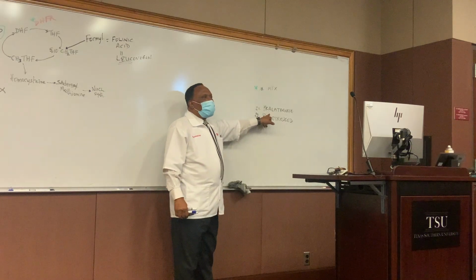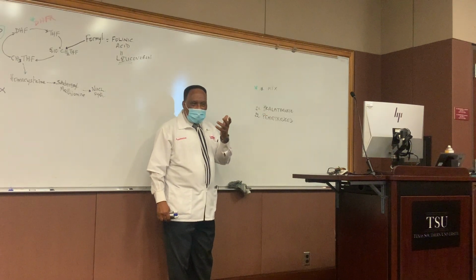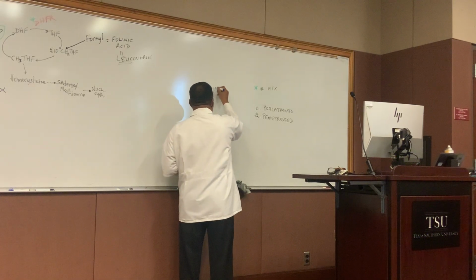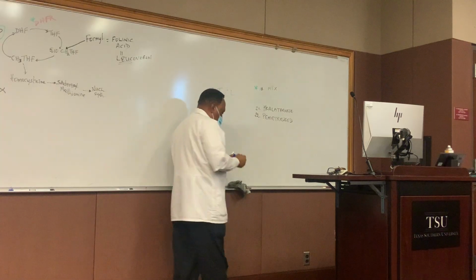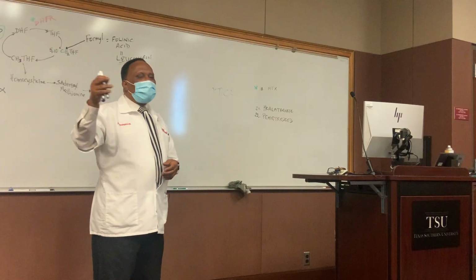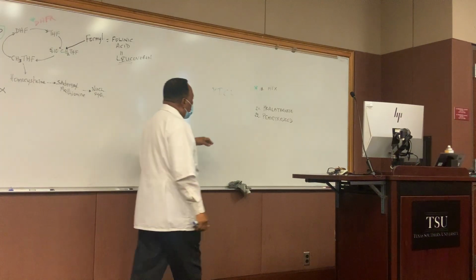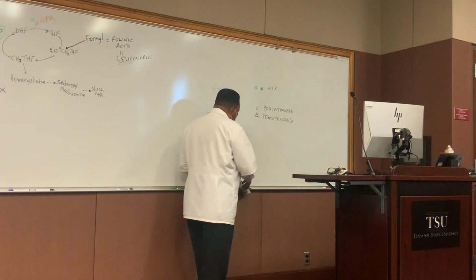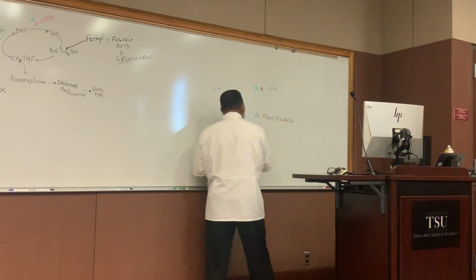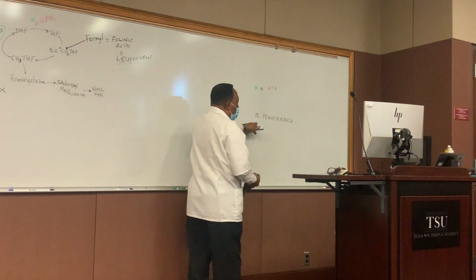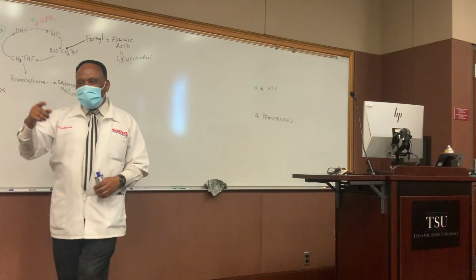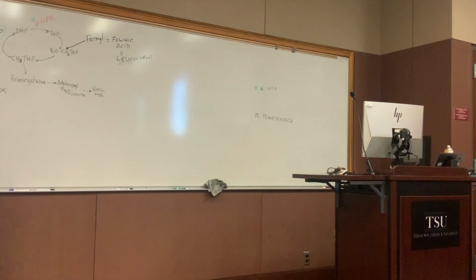Okay. Pralatrexate is only used for PTCL, peripheral T-cell lymphoma. So that's all that is used for pralatrexate. Okay. And pemetrexed, the last one there. And you notice the difference between XED versus XATE.